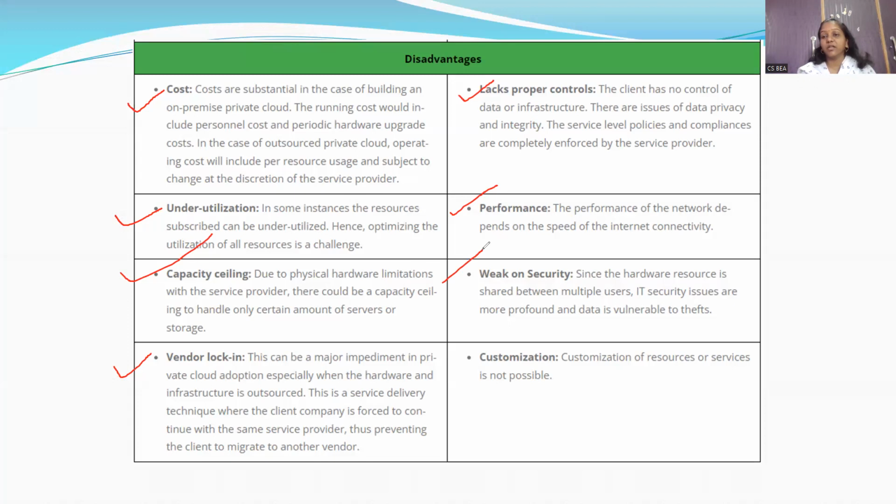That means since the hardware resources are shared between multiple users, the IT security issues are more profound and the data is vulnerable to thefts. And finally, customization. Customization of resources or services is not possible. So this is the difference between private and public clouds.